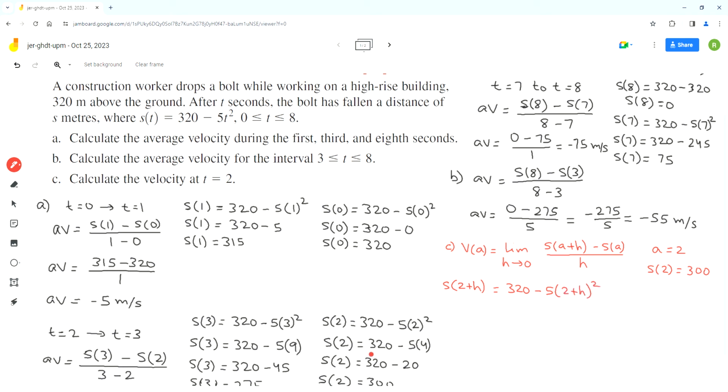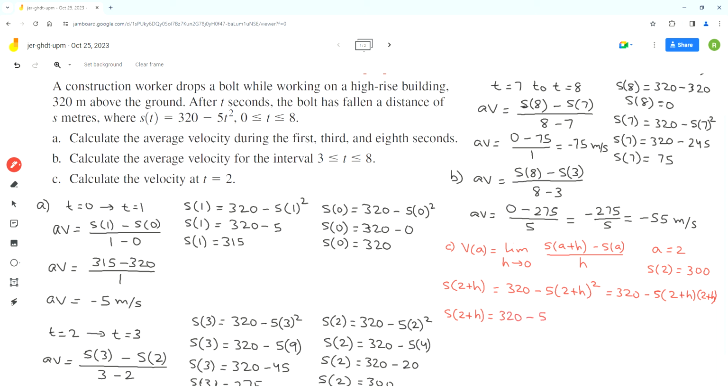Now we can expand this square expression. So we get 320 minus 5 times 2 plus h times 2 plus h. Now we have to use the FOIL method.